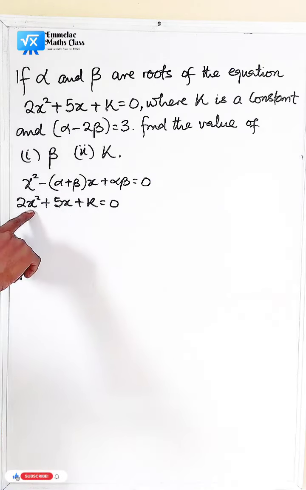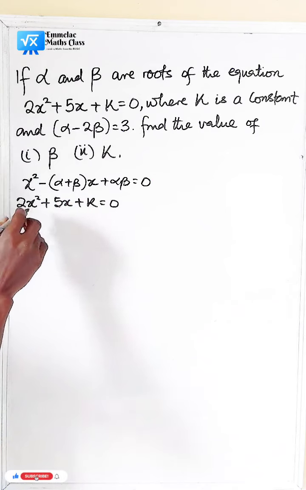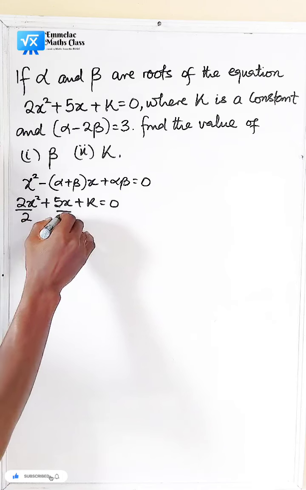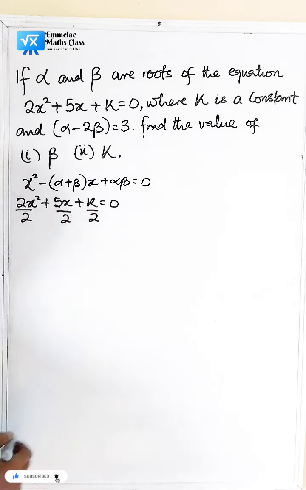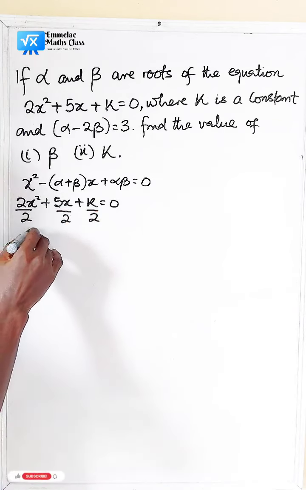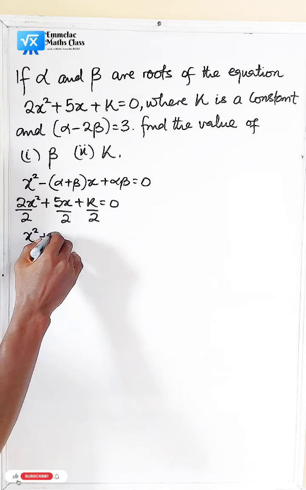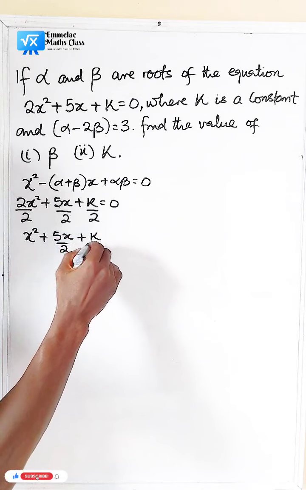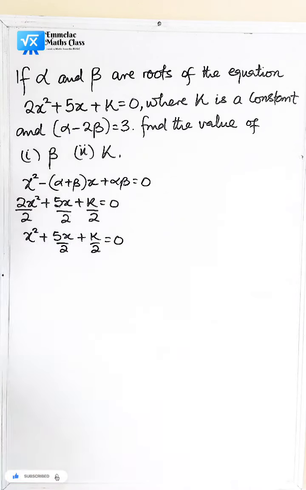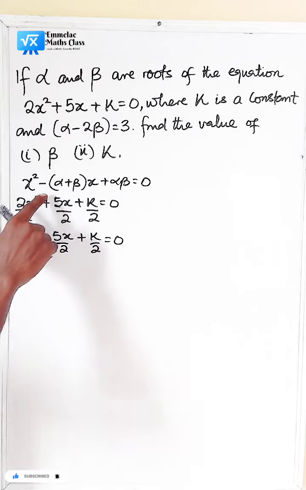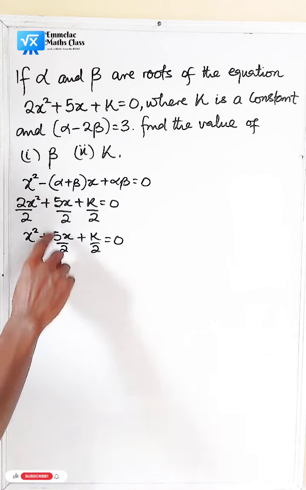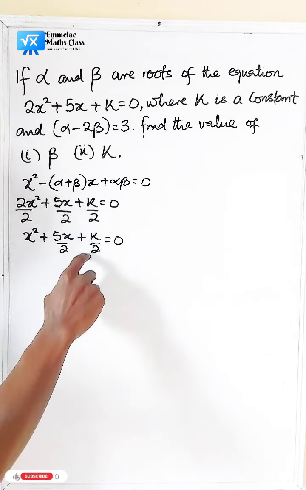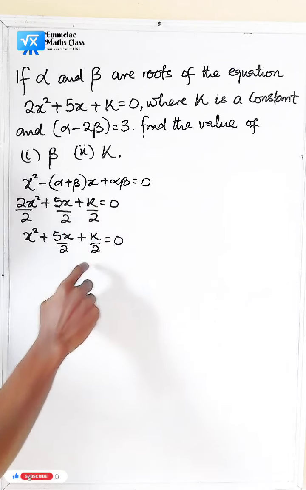Now making x squared have a coefficient of 1 means you are dividing all by 2. So here you have x squared plus 5x all over 2 plus k all over 2 equals 0. Now here you can see they have the same terms.